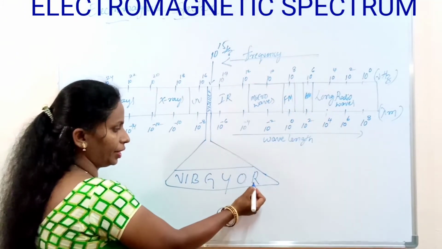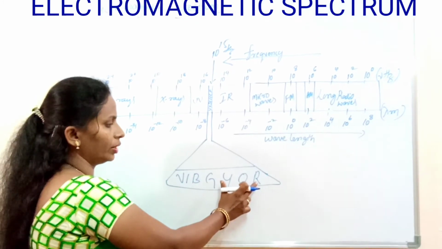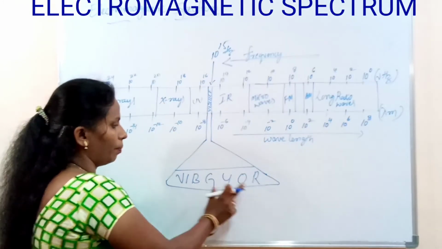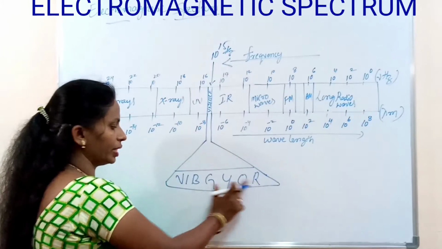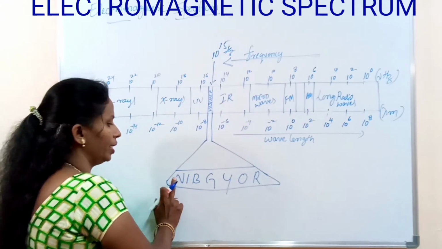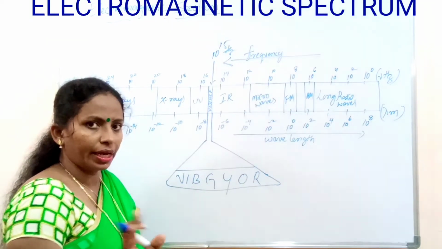Red has the longer wavelength among VIBGYR in visible light. Red has a longer wavelength, violet has a shorter wavelength, but red has less frequency and violet has higher frequency. Energy is more for violet radiation and less for red radiation.